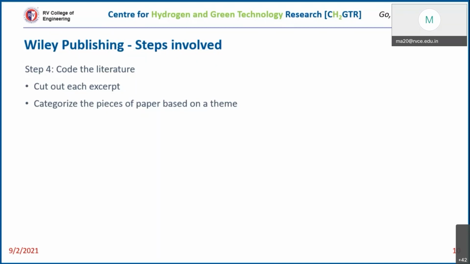So you categorize all the information you have collected related to gold nanoparticles at one place, silver nanoparticles at another place, and you can segregate the information based on antiviral applications at one place, and antimicrobial applications at another place. Again, this is an example. That is how you categorize the excerpts you have collected based on a theme.